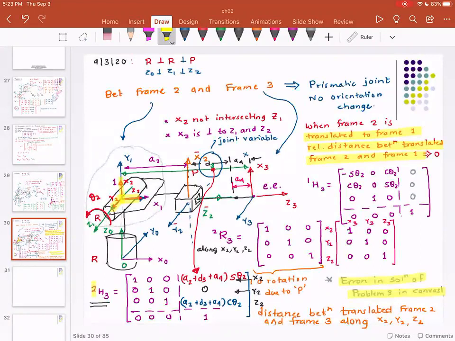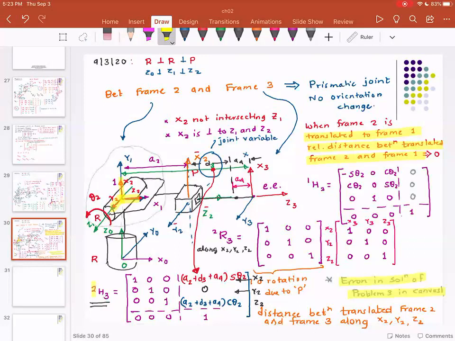If you do not translate the frame, your distances would just be a2 sine theta 2 and a2 cosine theta 2. They will not be a2 plus d3 plus a4.